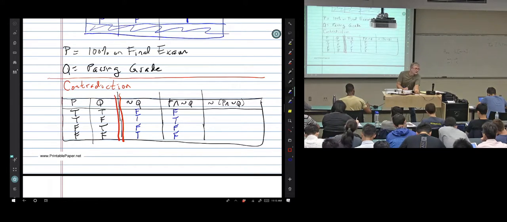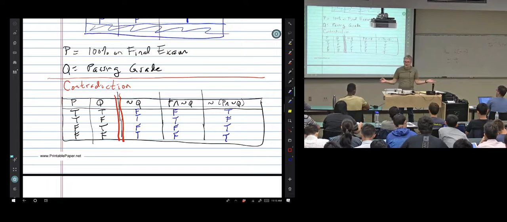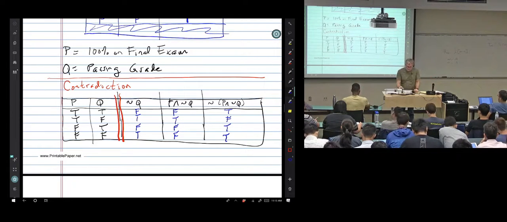You see what's going to happen in this next column? Okay, what's the not of P and not Q? True, false, true, true. Was that hard? No, that's super easy, right?